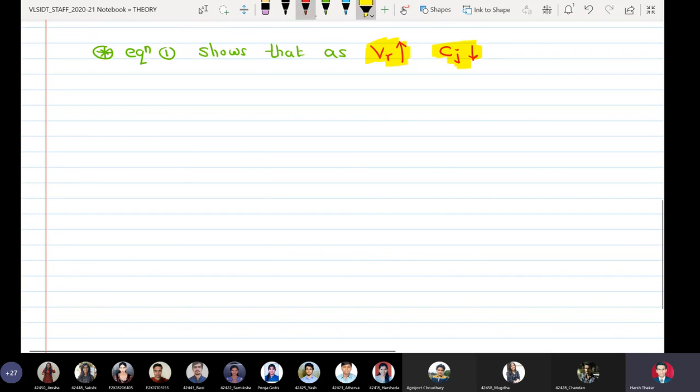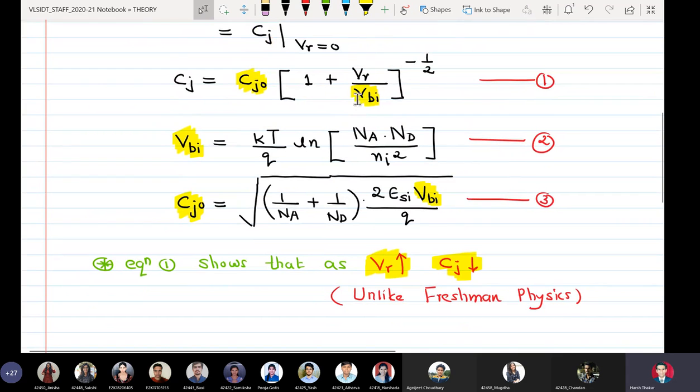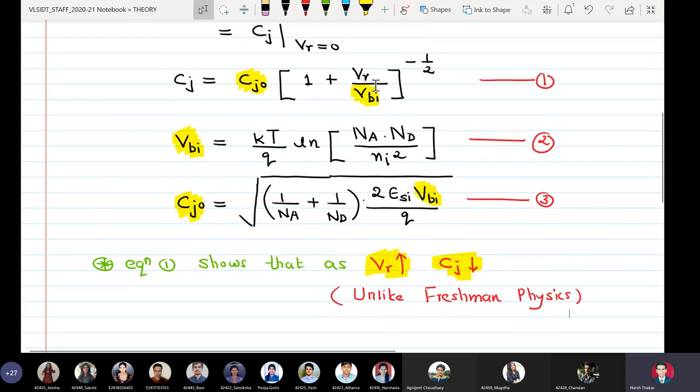and so we can actually make a tabular form for different values of VR. Okay, so I'll again write the equation number 1.